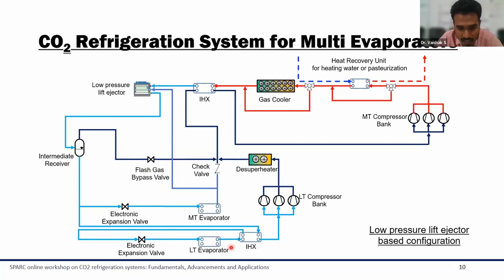However, the refrigerant passing through the LT evaporator won't be taken by the ejector, because the pressure at the LT evaporator is outside the suction envelope of these ejectors. It has to be directly compressed by the LT compressor, and then taken by the MT compressor through an intermediate desuperheater.